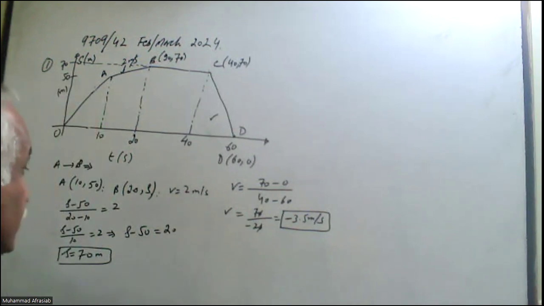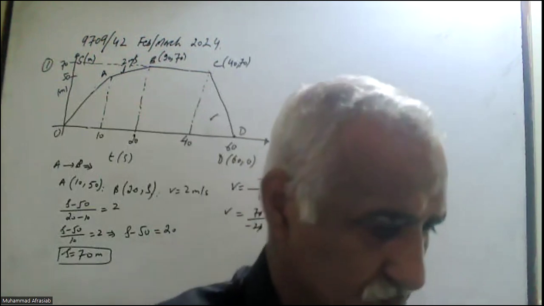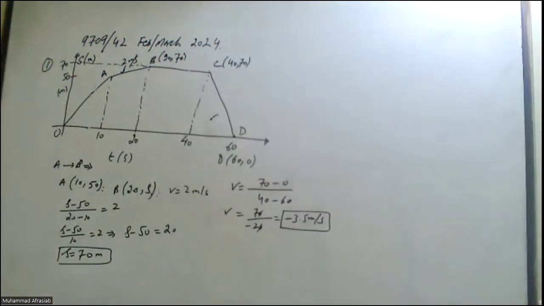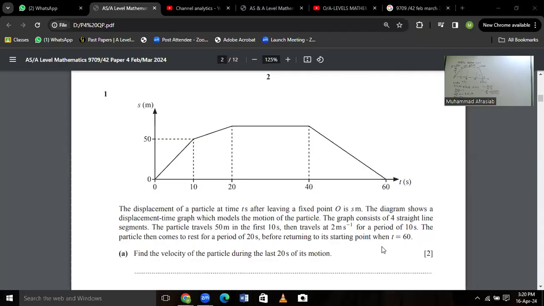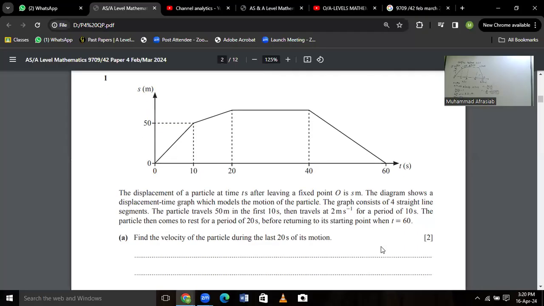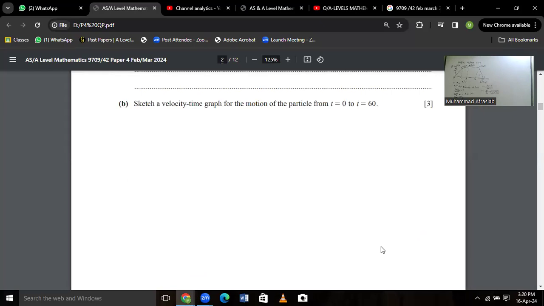In the next part, sketch the velocity time graph for the motion of that particle from 0 to 60 seconds.